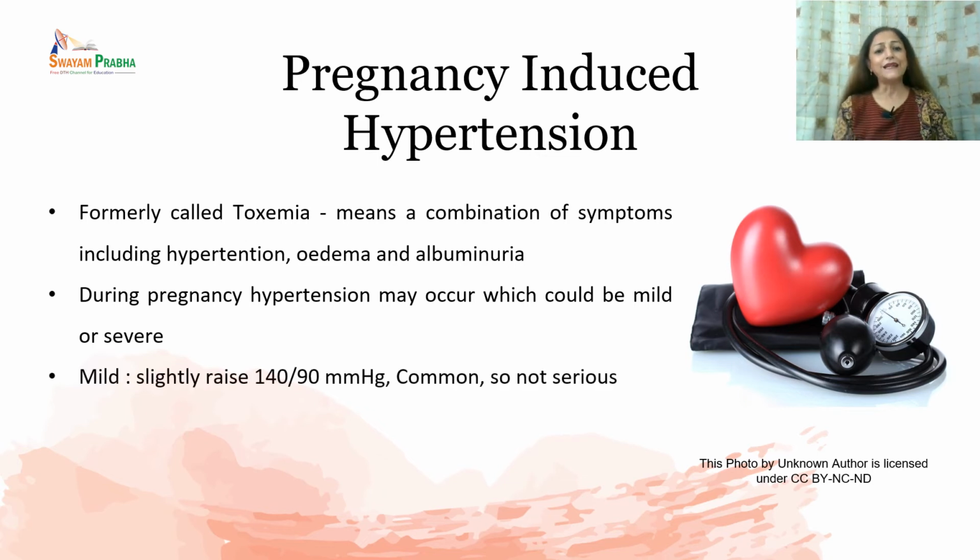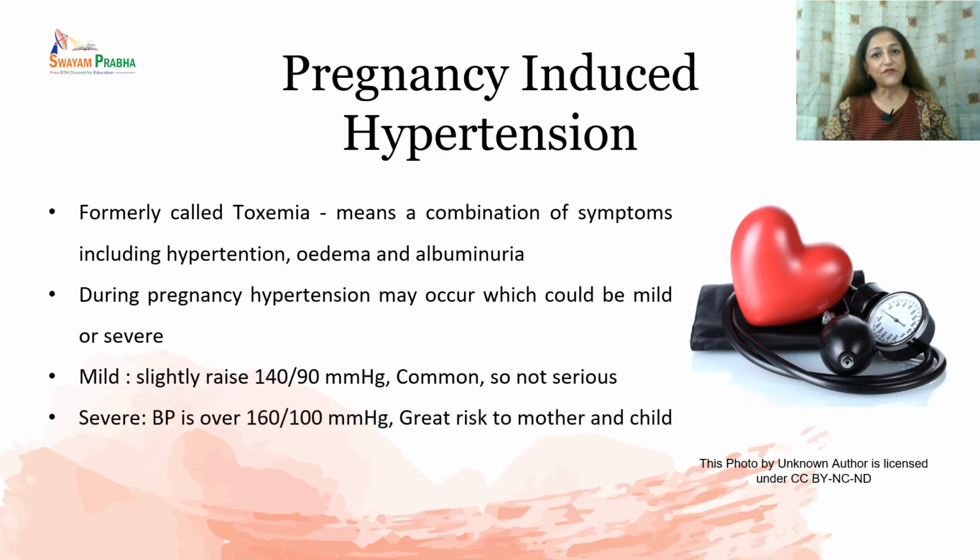In mild cases, the blood pressure is raised slightly, that is 140 by 90 millimeter of mercury. It is a common condition, so it is generally not considered serious. But in severe cases, the BP is over 160 by 100 mm of mercury, and it is a great risk to mother and the fetus.